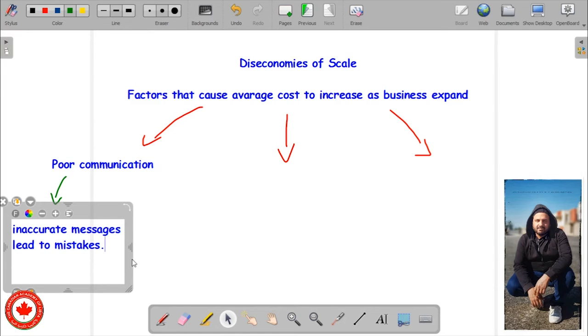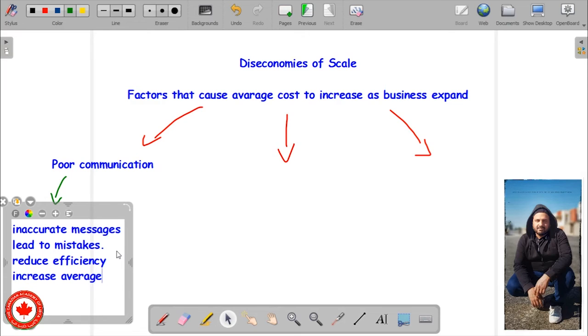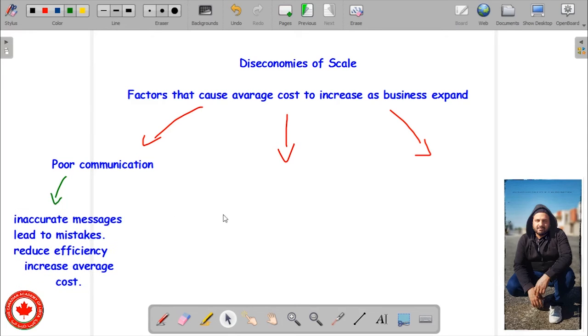As these mistakes happen, they will reduce the efficiency of the business, and as a result, it will increase average cost. This is how poor communication affects large companies.